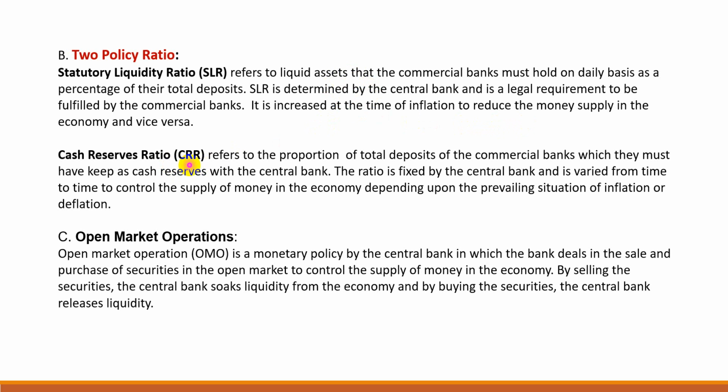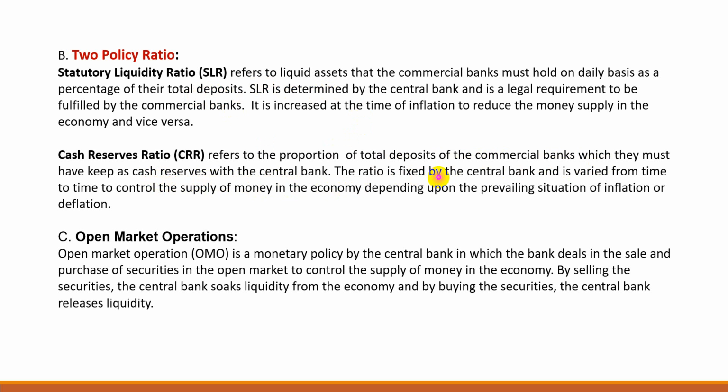Cash reserve ratio. Another part of the policy ratio is the cash reserve ratio. These are two variable reserve ratios, also called legal reserve ratios. Cash reserve ratio refers to the proportion of total deposits of the commercial banks which they must keep as cash reserves with the central bank. So this is with the central bank and this is with the commercial banks.